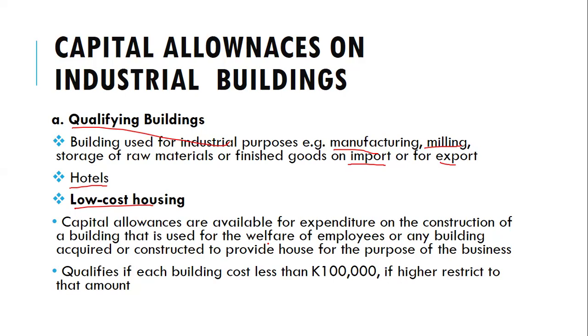And then the qualifying cost is 100,000. So the low cost housing or staff canteen is limited to 100,000. It shouldn't exceed. So if you've got a staff canteen which is 150,000, you limit it to 100,000. Therefore, capital allowances are calculated on that 100,000.